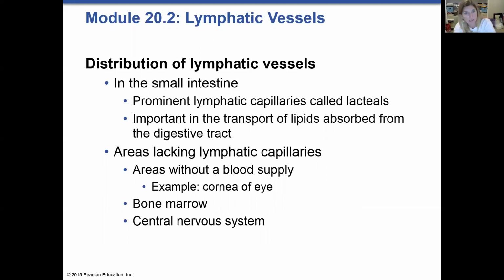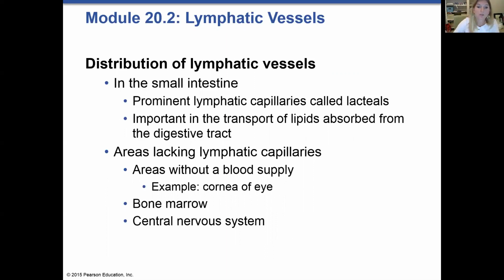We'll talk about this when we get into digestion, but when you eat food, all of the proteins and carbohydrates are absorbed directly into the blood, right? And they go to the liver, which can sort and filter them. The fat that you're eating is not going into your blood right away. It's going into your lymphatics. It's going through the lacteal. So that lacteal is then going to circulate all of the fat through the lymphatic network, and eventually it ends up in your blood, right?